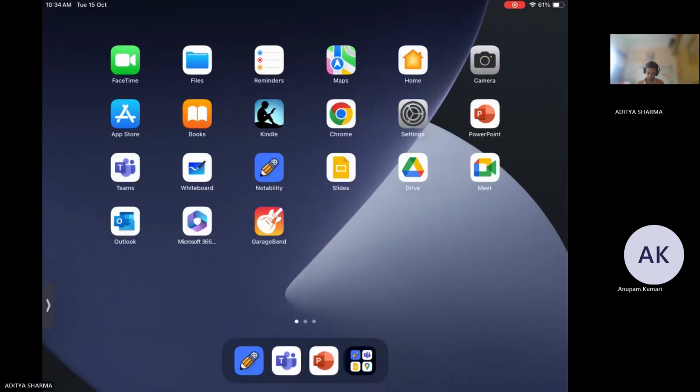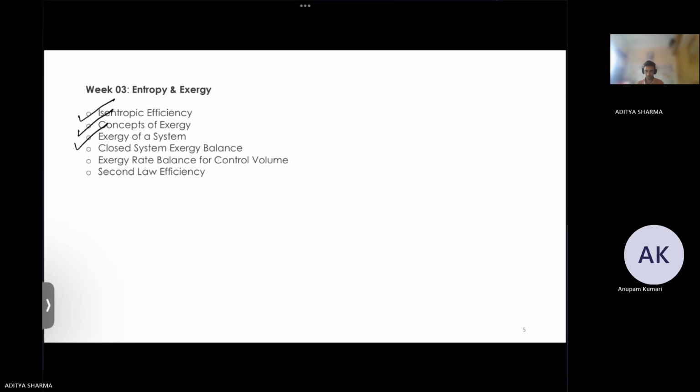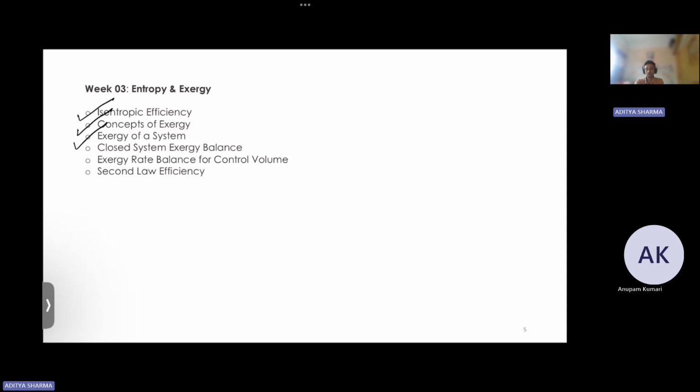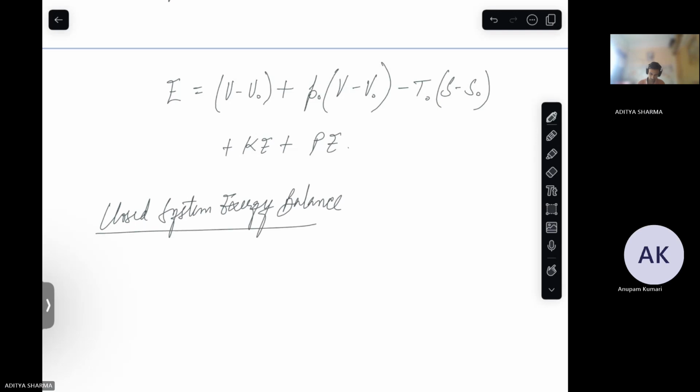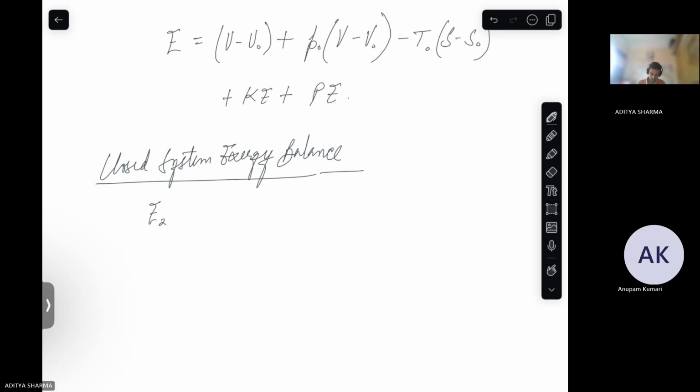Now, the same way as we did the entropy balance for a closed system and a control volume, here also we have done the balancing of the exergy of a system, for both the closed system and the control volume. So what is the exergy balance for your closed system? If the system is moving from state 1 to state 2, in that case we have to balance its exergies.